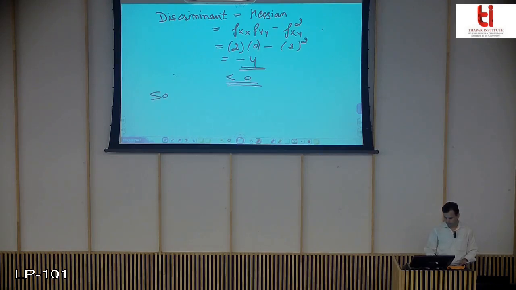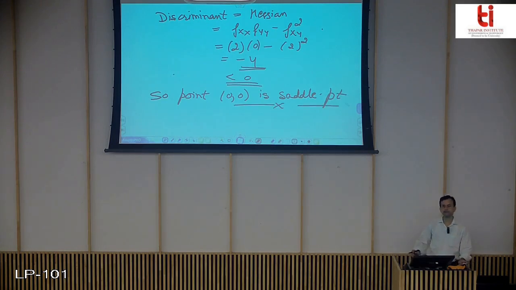So the point (0, 0) is a saddle point, because I told you earlier while we were doing the second derivative test that first of all we find the discriminant.